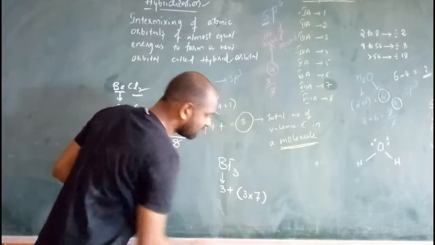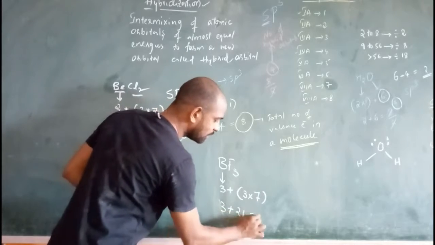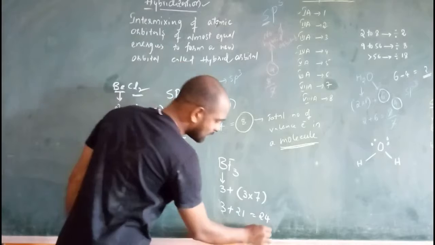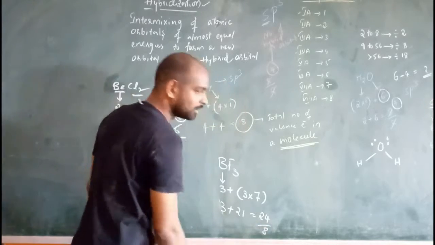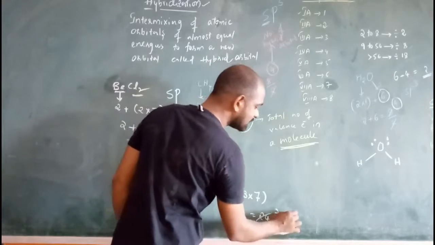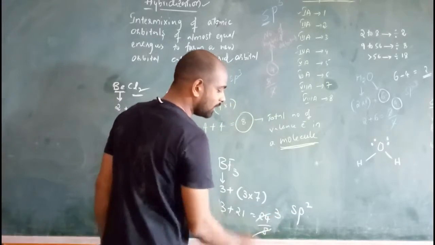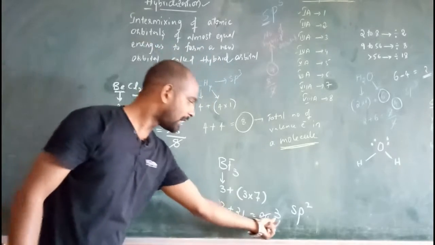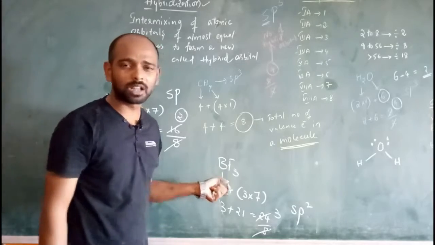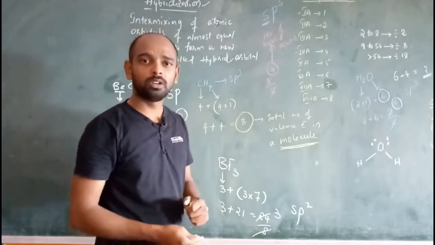So 3 plus 21, it is 24, and it belongs to the second case, divided by 8. We get 3, which means sp2, 1s and 2p, total 3. Next, 3 minus 3 is 0. So we have no lone pairs on the boron atom in the boron trifluoride molecule.